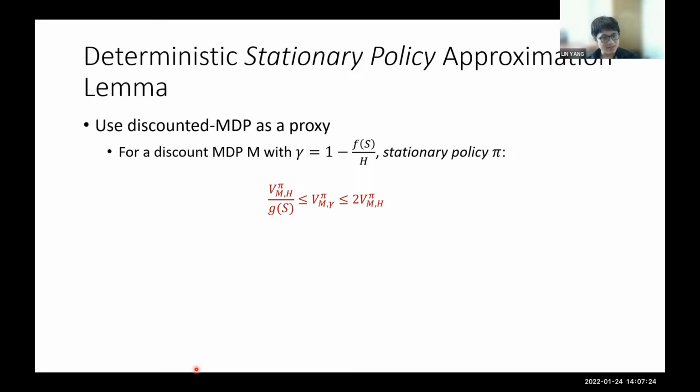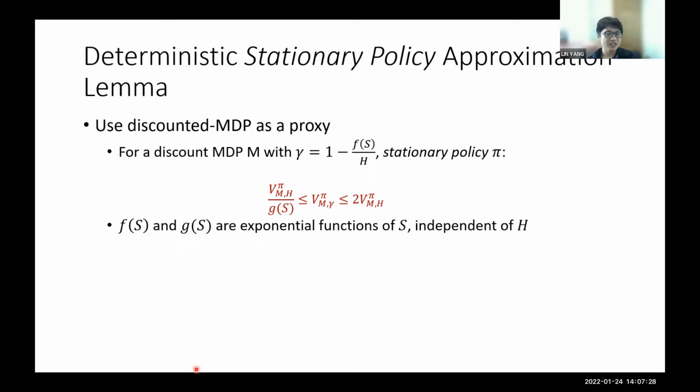Even though these policies are not good in terms of value, they can be good in terms of estimating the probability transition matrix, in the sense that if there exists a non-stationary policy reaching some state with high probability, we can use a stationary policy to get another policy to reach the same state with roughly similar probability up to some constant factor, okay?